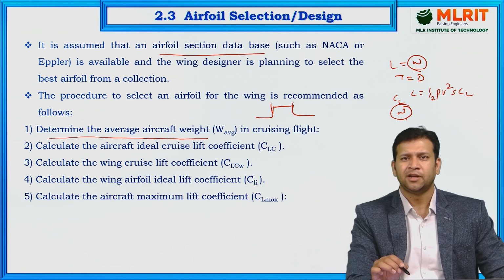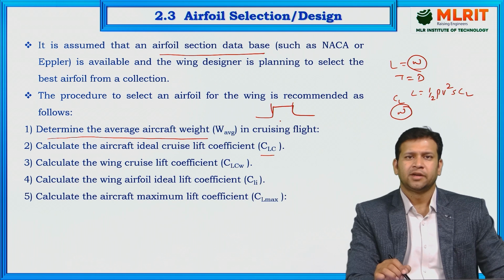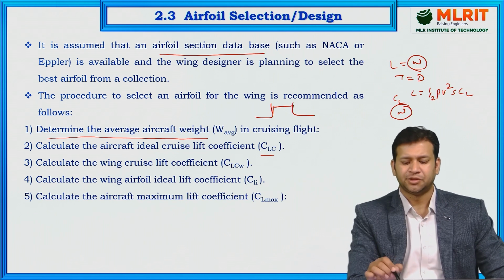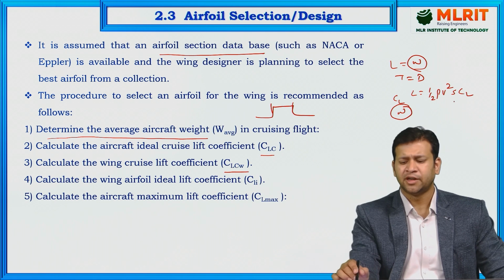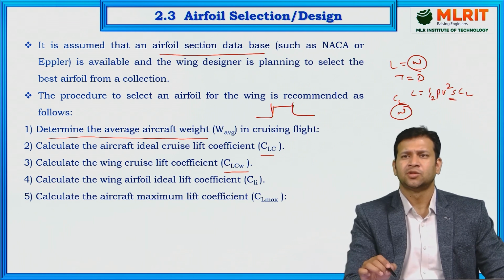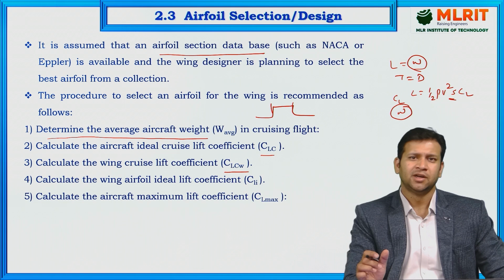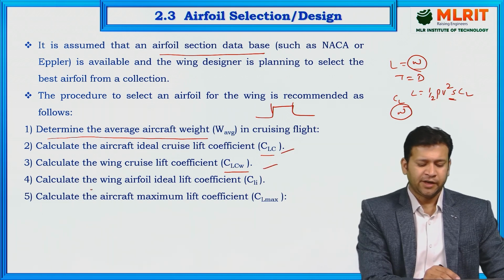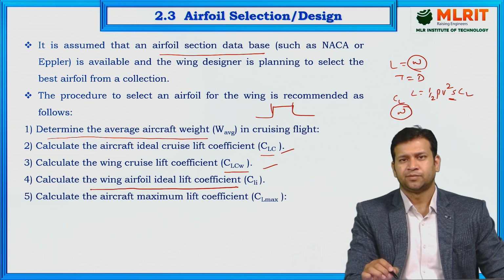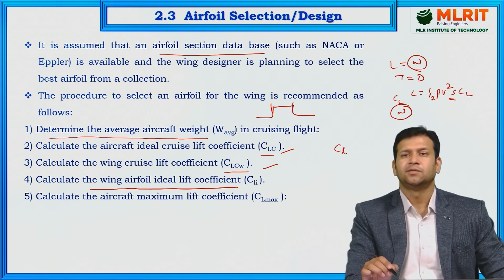Calculate the aircraft ideal cruise lift coefficient. Once CLC is calculated, calculate the wing cruise lift coefficient, because automatically the span will change, because from an airfoil, from unity, there will be a span. It might be 2 feet, 3 feet, 10 feet, depending upon the configuration of the aircraft. Then we'll calculate the wing airfoil ideal lift coefficient, that is CLi.